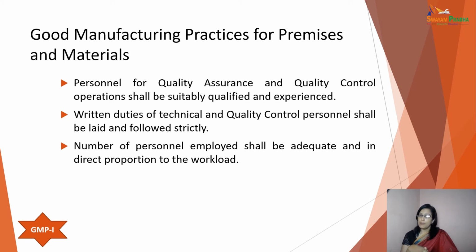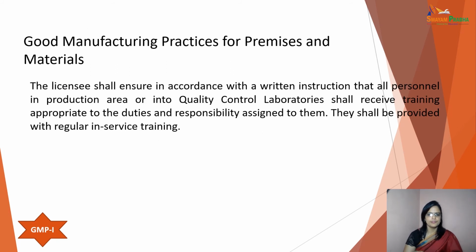The number of persons employed should be adequate and in direct proportion to the workload. And the next is the licensee shall ensure, in accordance with the written instructions, that all the persons in the production area or in the quality control laboratory shall receive training appropriate to the duties and responsibilities assigned to them.